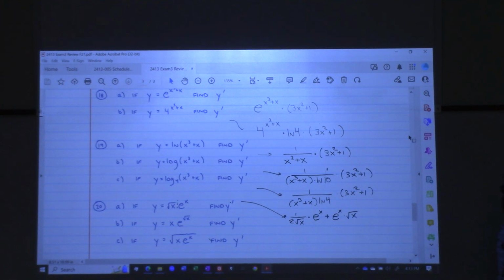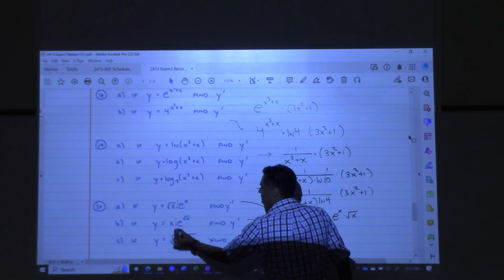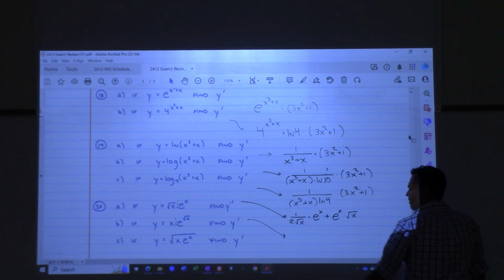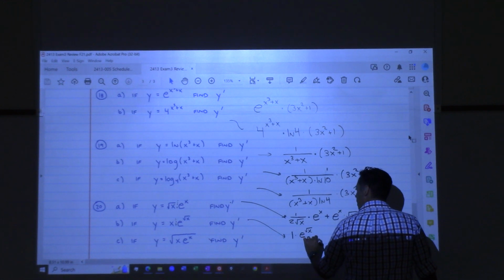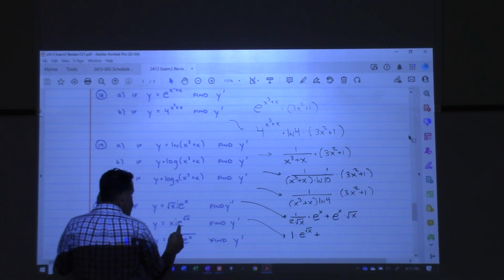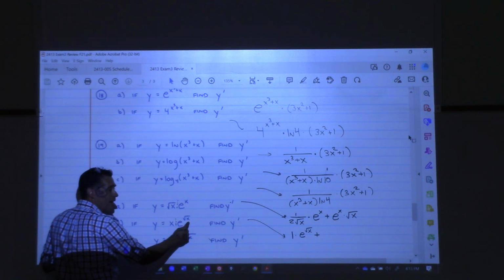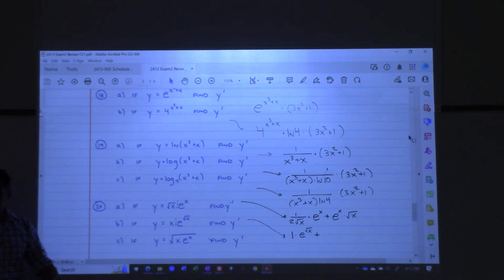The difference between that one and the next one is we still have product rule, right? But the derivative of the first one this time is 1 times e to the root x plus, now here's the part that's a little tricky. You're doing the derivative of e to something, right? E to a box. So the derivative of e to the box is itself times the derivative of the box.